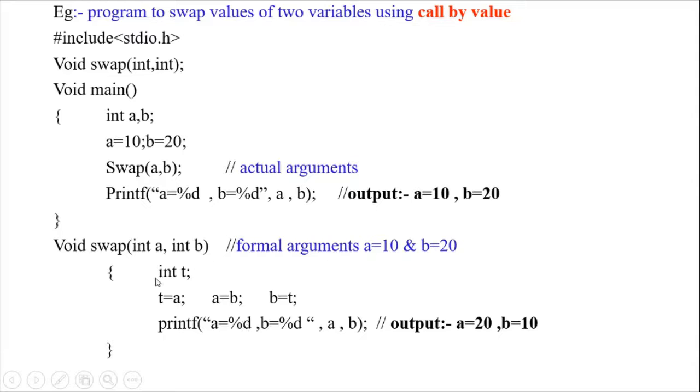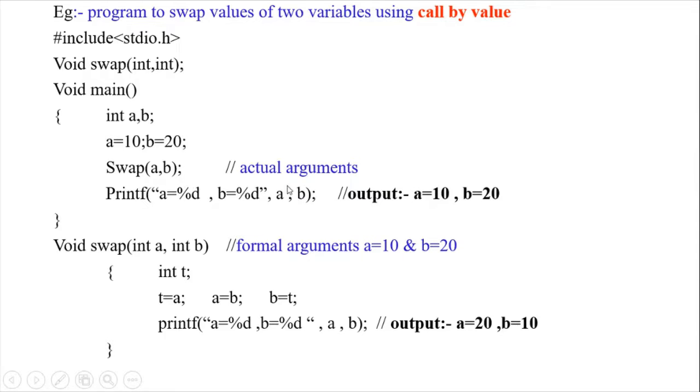This happens only inside this user defined function, and after the function execution, the control goes back to the main function. Here you can see a printf statement, a is equal to, b is equal to. What will be the output of this printf statement? It will print a is equal to 10 and b is equal to 20, because the changes in the formal arguments will not reflect in the actual arguments.